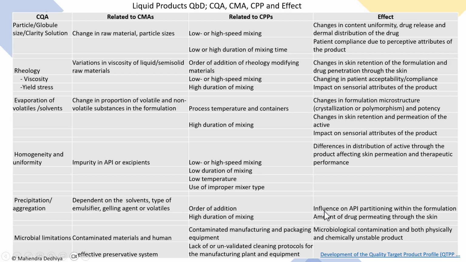The effect would be that the active pharmaceutical ingredient, or active drug, will precipitate, and that will not be acceptable. Microbial limits: contaminated materials, humans, lack of cleaning protocols. We need a certain amount of antimicrobial agents to protect the product. These CQAs must be addressed during development and have to be continuously monitored.